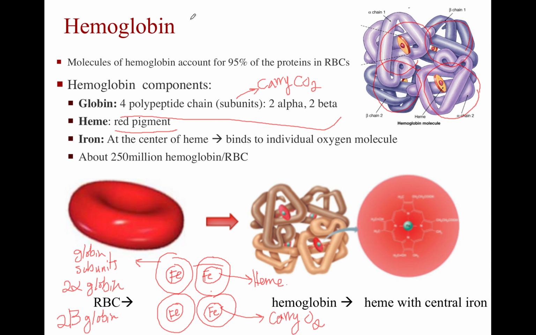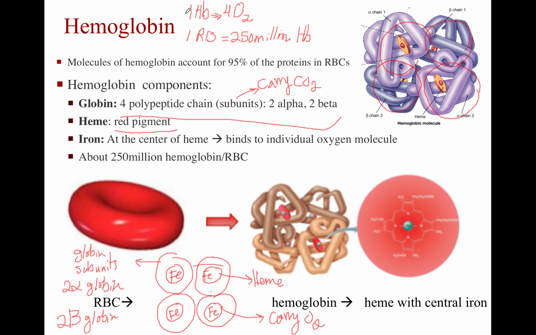Now, if you take a look at the numbers of your globin as well as hemoglobin within an individual red blood cell, these are the numbers we get. If we start with 1 hemoglobin, inside this hemoglobin, you have 4 oxygen molecules. And inside 1 red blood cell, you have 250 million hemoglobin.